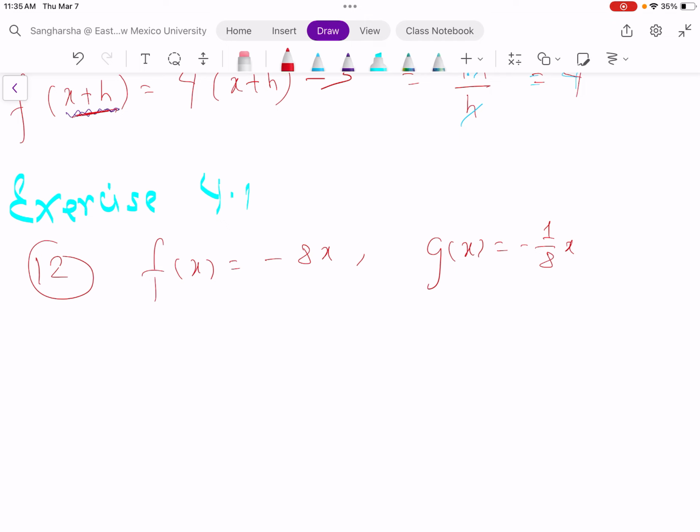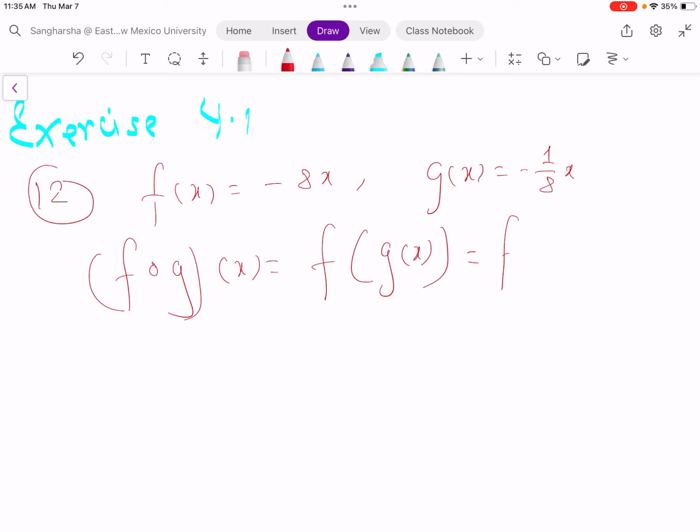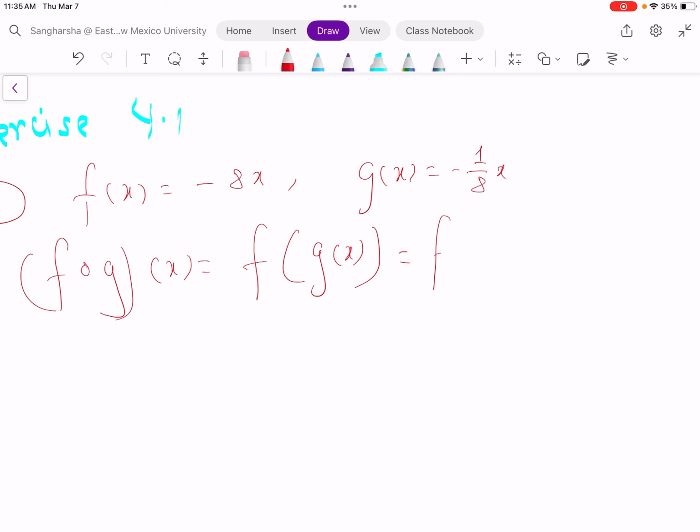Let's find f composite g first. So let's find f composite g of x, which is f of g of x. We have f as it is, and for g of x we substitute negative 1 over 8x.